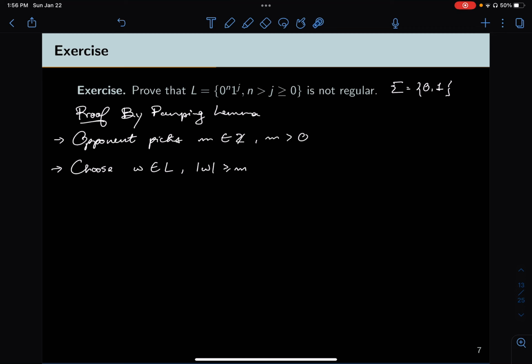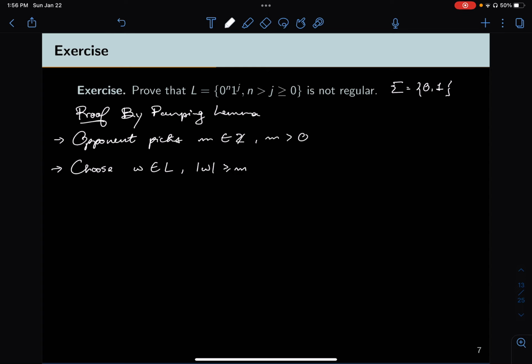So it has to satisfy the condition where the number of zeros has to be strictly greater than the number of ones. The intuition is that I want to pick w so that the decomposition my opponent uses is somewhat constrained, so they have a limited number of choices.